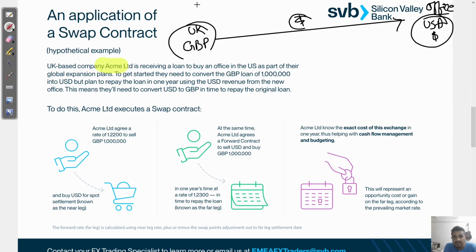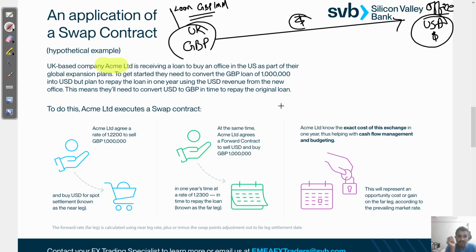Now what Acme does is take a loan of 1 million GBP, and it converts that loan of 1 million GBP into USD, and they plan to repay the loan in 1 year to its lender, right?